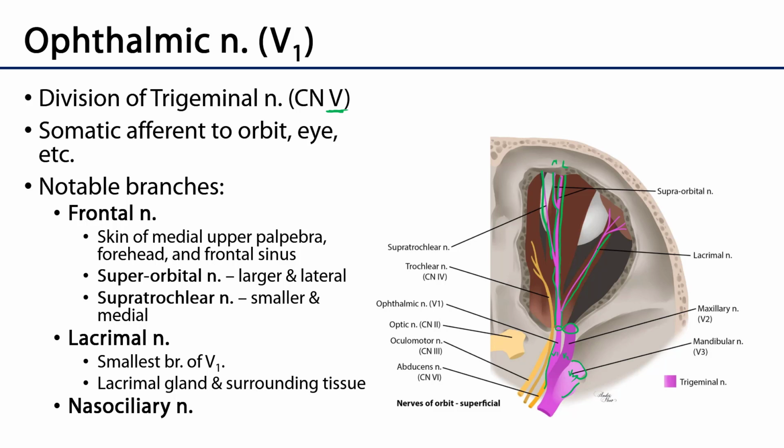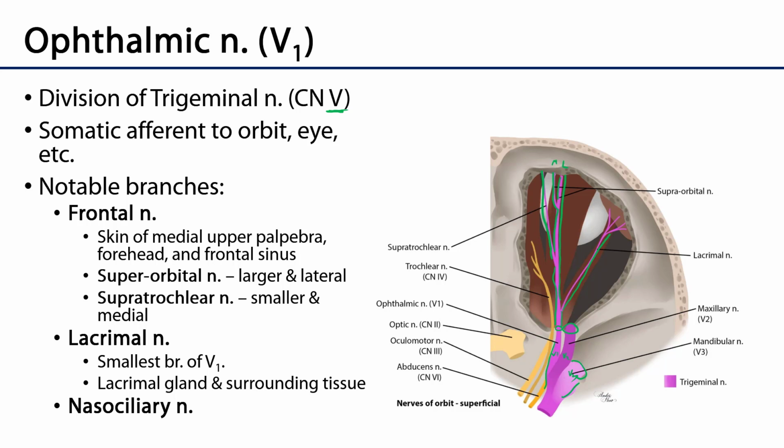In fact, it is only somatic afferent from the lacrimal gland and surrounding tissue, as well as the skin of the brow there, part of the lateral conjunctiva, part of the lateral palpebra, etc. We'll discuss the parasympathetic innervation of this gland in a subsequent slide. Spoiler alert, preganglionics are coming from the facial nerve, cranial nerve 7.